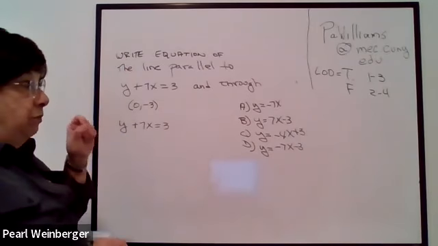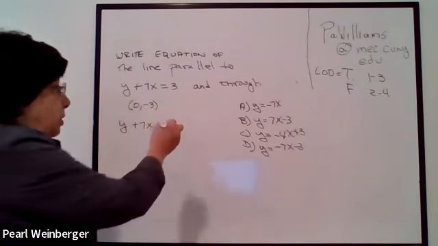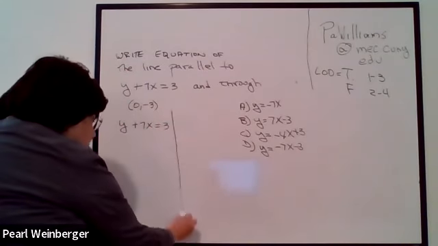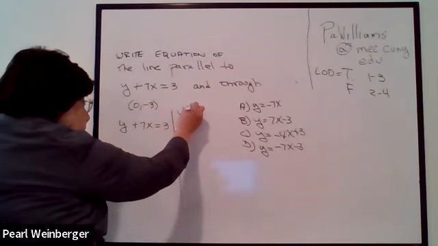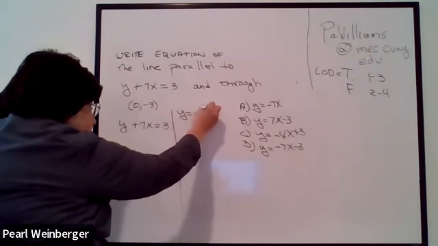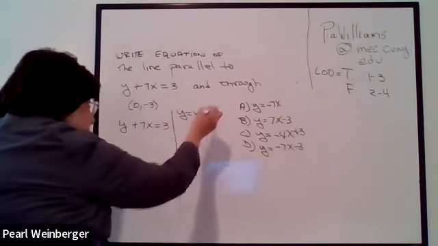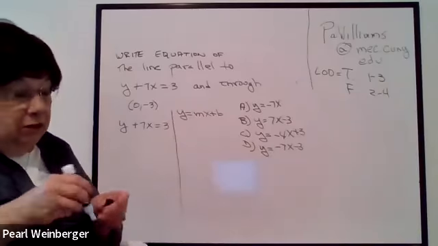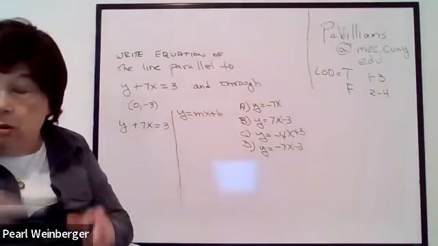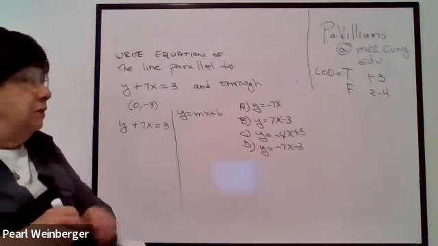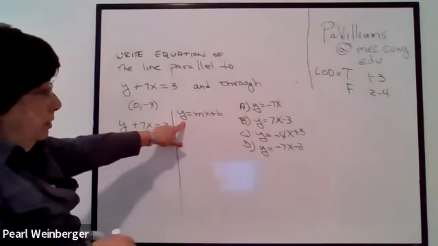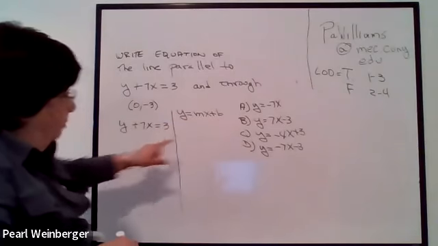So what we have to remember, we're trying to write something in the form y equals mx plus b, which means that we want to first find the slope of this line that I'm talking about, and then we want to find the b.